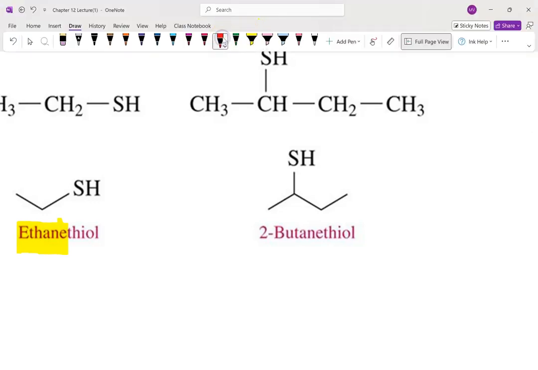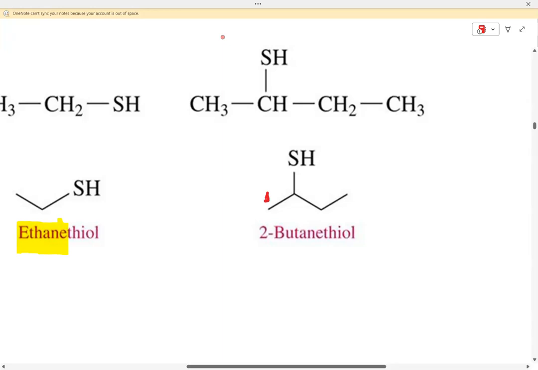So if you look at this molecule here, there are essentially two ways to number it. 1, 2, 3, and 4. Agreed?